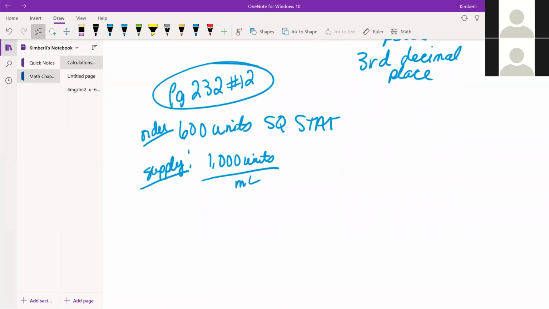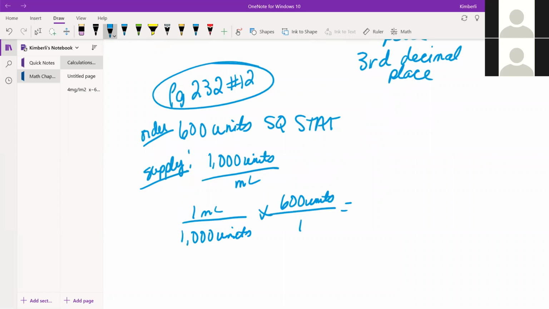So I'm going to start with my supply. 1 milliliter contains 1,000 units. And my order is for 600 units. 600 divided by 1,000 is 0.6 milliliters.